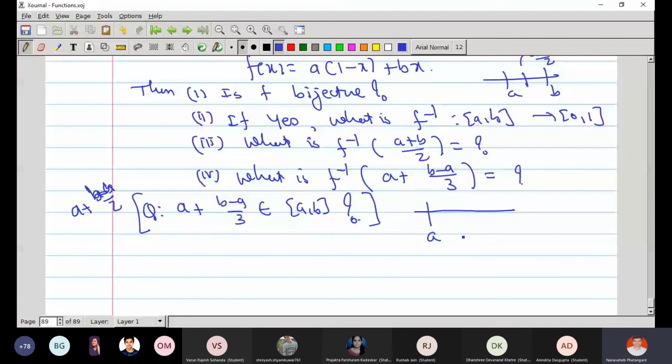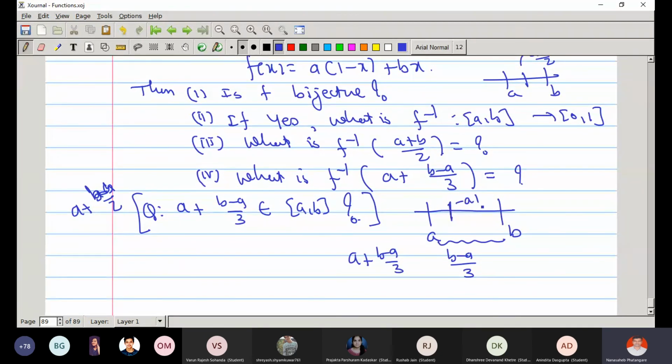What is b minus a? b minus a is this distance, the length. And b minus a divided by 3 is one third of this distance. If to a I add one third of this distance, where is that point? Here: a plus (b minus a) divided by 3.